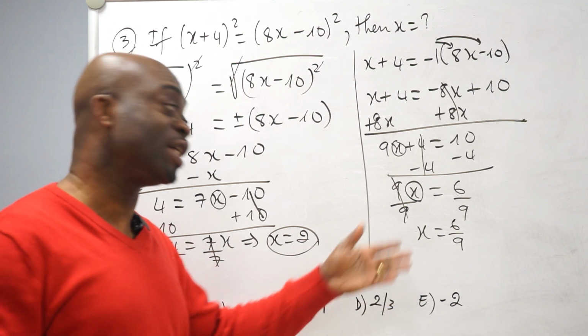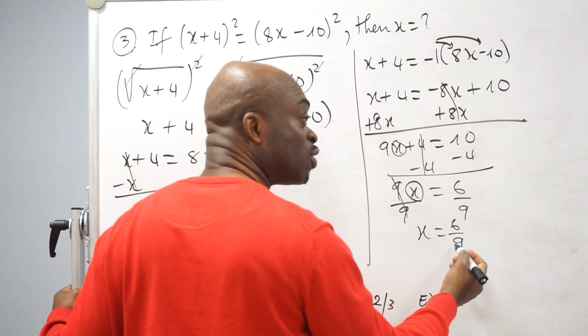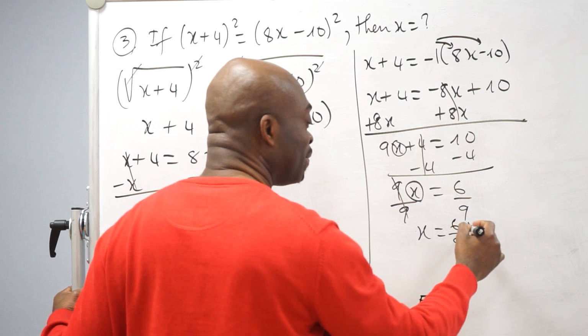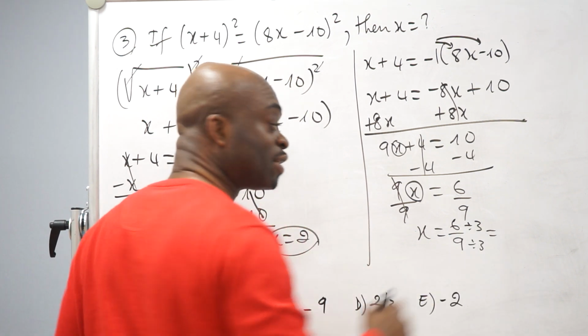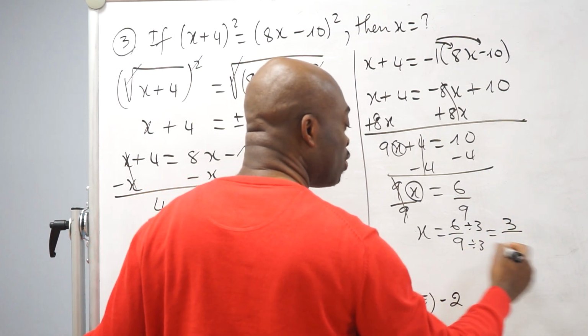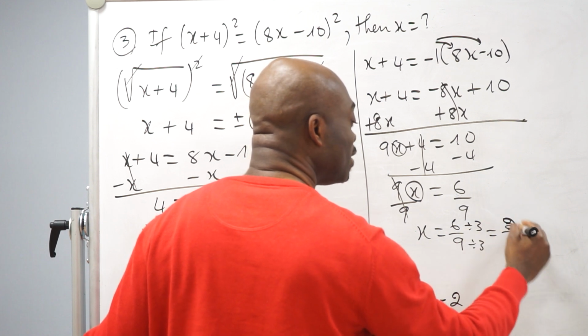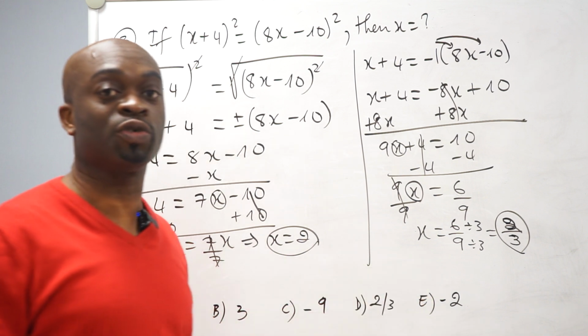So we reduce it. What number can go into both 6 and 9 evenly? It's 3. So we divide both top and bottom by 3. 3 goes into 6 twice, and 3 goes into 9 3 times. Be careful. So x equals 2/3.